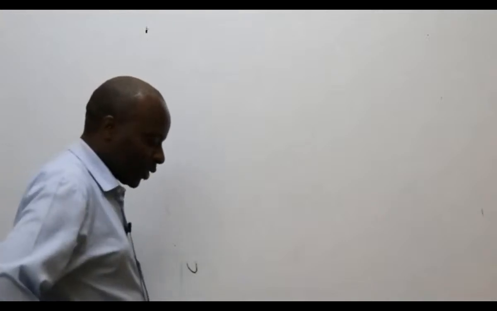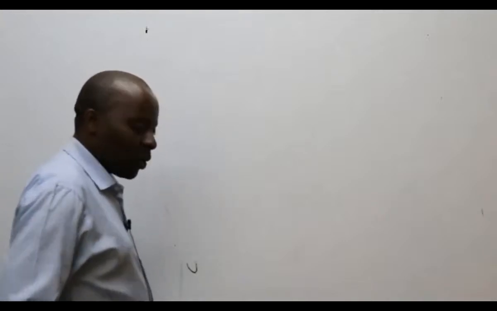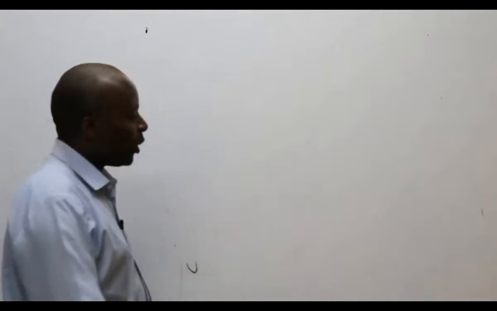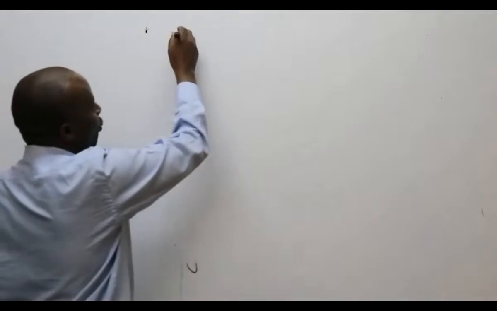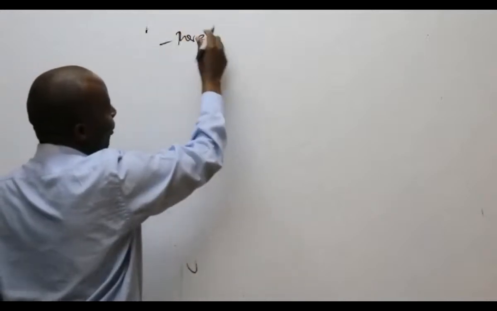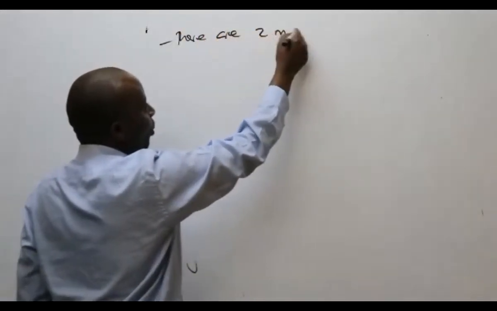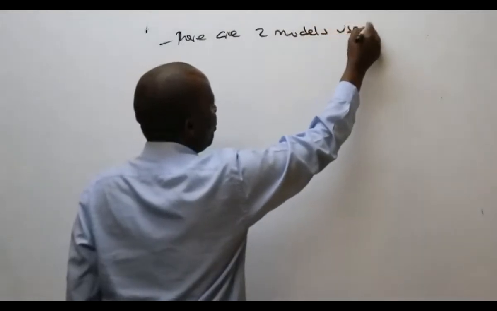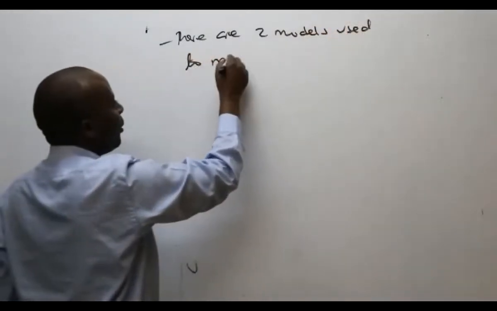Ladies and gentlemen, for us here, there are two models which are normally used to measure correlation. We're writing our notes there that there are two models used to measure correlation.